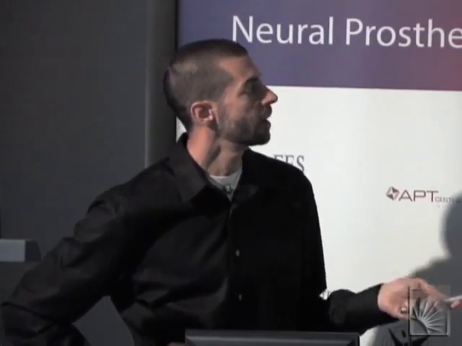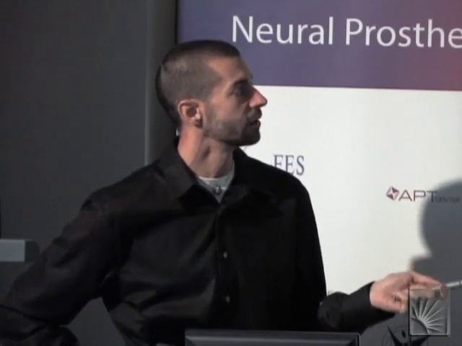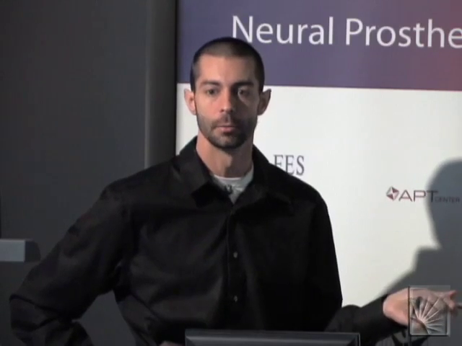But we don't know at this point. I think that the reason the subthalamic nucleus has become such a popular target for deep brain stimulation is that you can stimulate in lots of different areas around here and get nearly identical clinical outcomes. So I think the bar is pretty low. We don't have to have it be exactingly perfect. It just has to be in the right ballpark and you're going to get good effect.